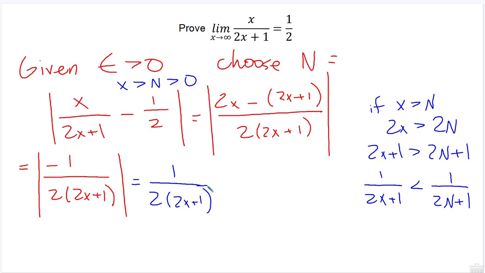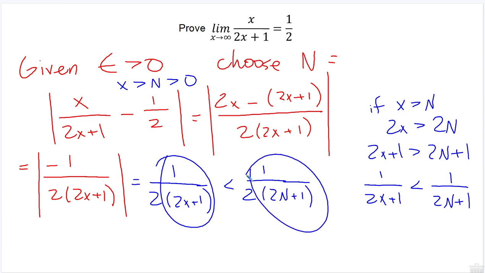Because I know that x is positive, therefore 2 times 2x plus 1 is positive, and the absolute value of the -1 is just 1. And this should then tell me that this is less than 1 over 2 times 2n plus 1, right? Because I know that 1 over 2x plus 1 is less than 1 over 2n plus 1, so I'll just replace my 1 over 2x plus 1 with a 1 over 2n plus 1.